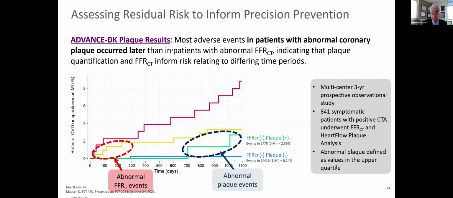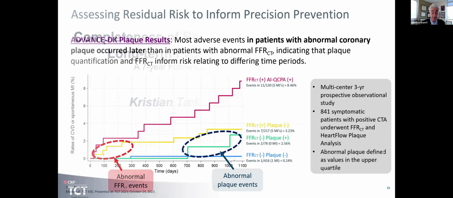So here you can see in green, FFR-CT negative, plaque positive, late events because the FFR-CT was normal. You can see in yellow, FFR-CT abnormalities without a lot of plaque characteristics, early events from the abnormal FFR-CT, and of course, if they have both, a progressive increase in cardiovascular events.